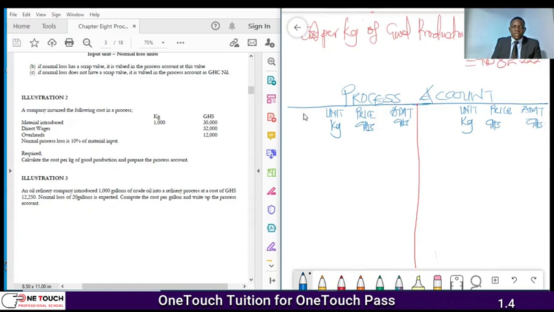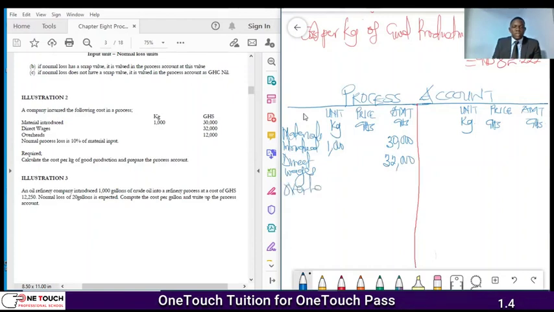So we have the materials introduced. That is 1,000 kg at a cost of 30. Then direct wages is 32,000.